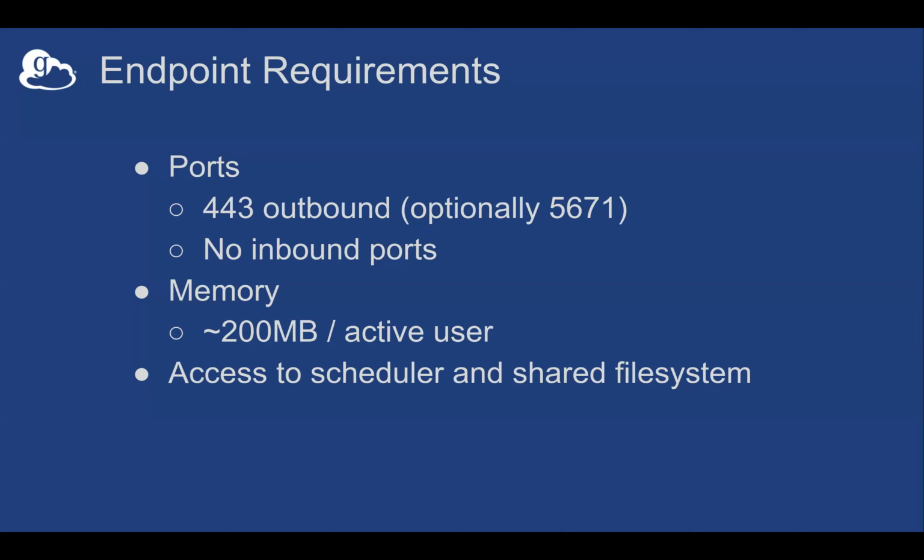I don't have that exactly in my head, but it's also part of our documentation in the installation requirements. And specifically, this does not listen for inbound connections. It makes strictly outbound connections to our web services, which is often of interest when installing this on somebody else's system or as an administrator.